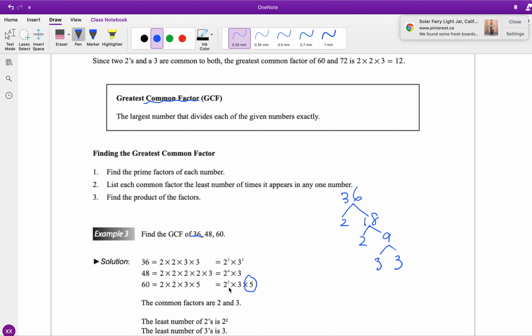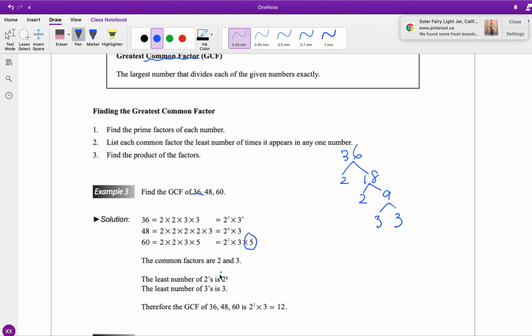However, the lowest power, as a matter of fact, is 2 to the power 2. And for 3 it is 3 to the power 1. And then multiplied together it is 12. All right?